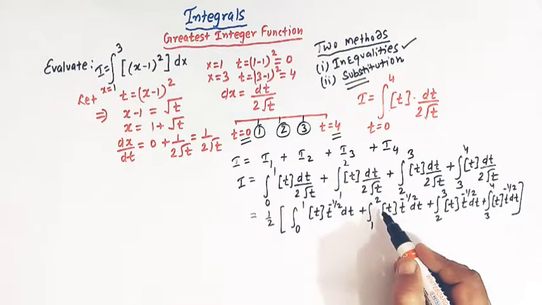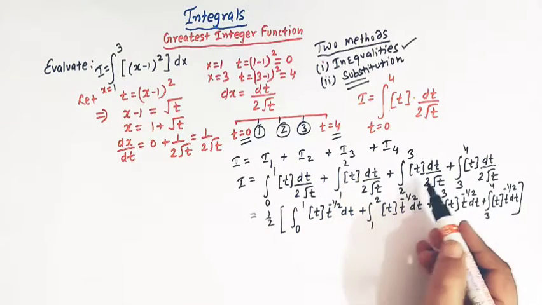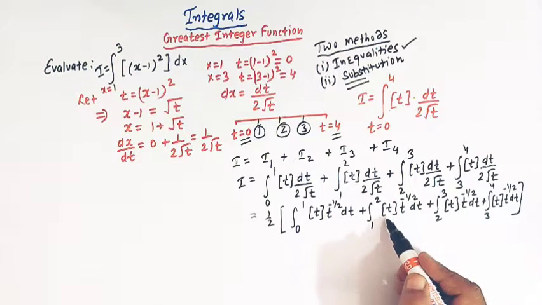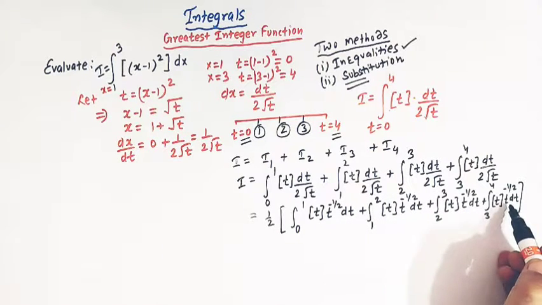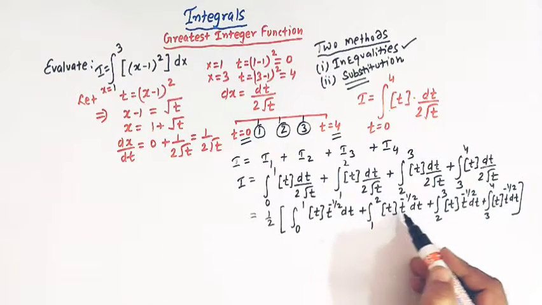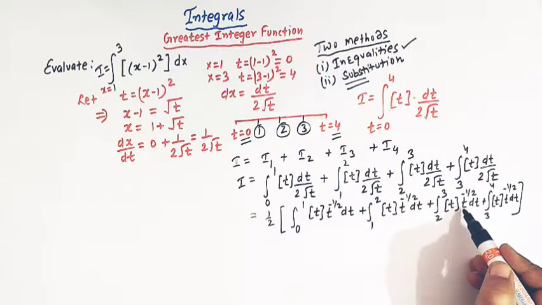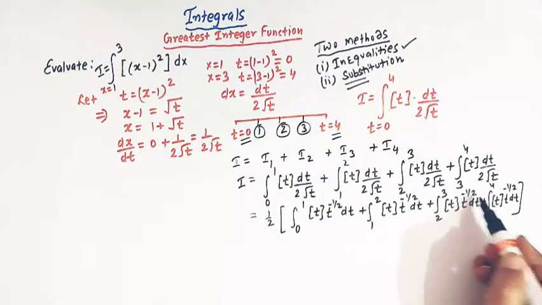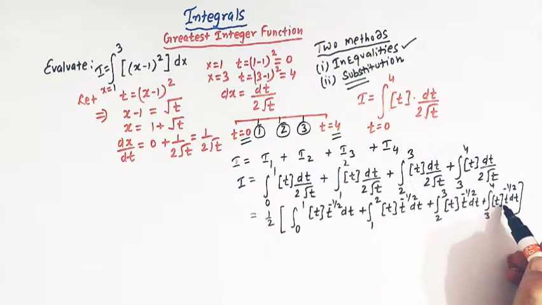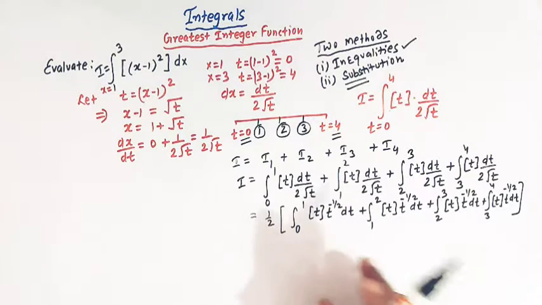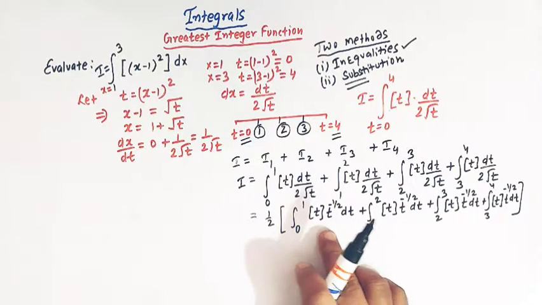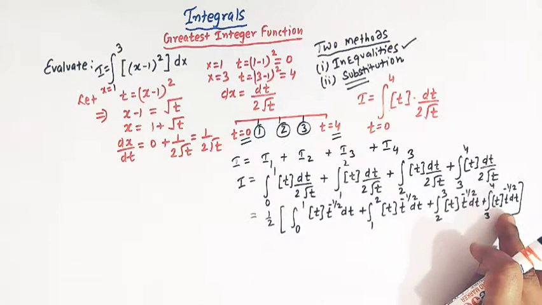Similarly, in all these integrals we have the same integrand, greatest integer of t times t raised to minus half, dt. Now we will evaluate these four integrals.